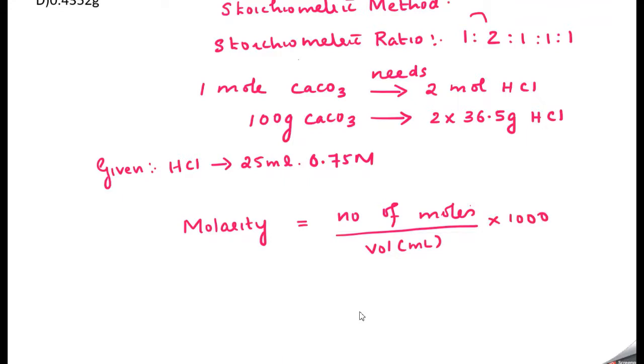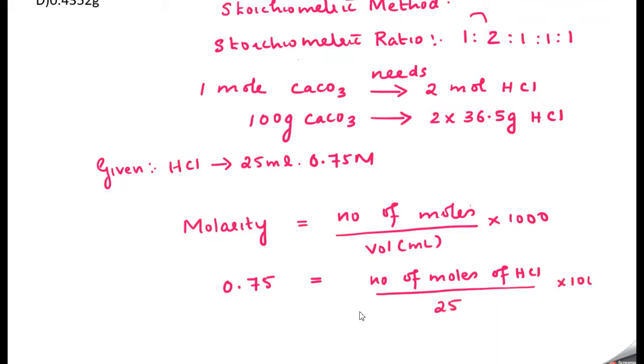So what is the molarity of the solution? They mentioned here it is 0.75. Number of moles of HCl is what we need to find out. Now volume of the solution is how much? 25 divided by 1000. So if you cancel this, you will get 25 into 4.